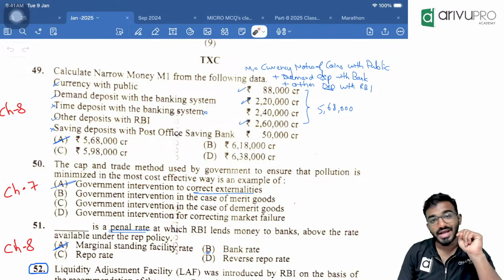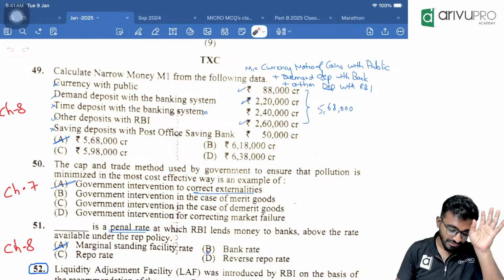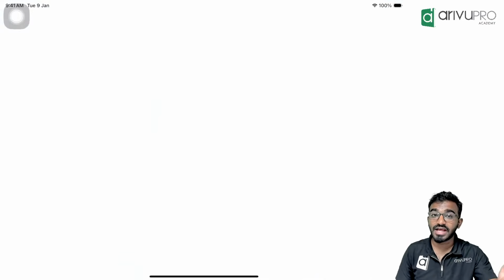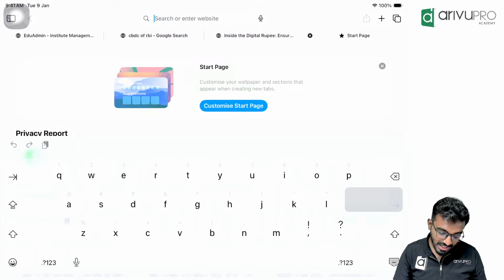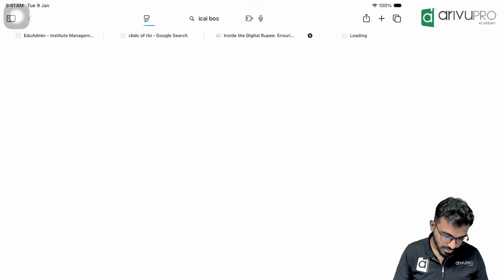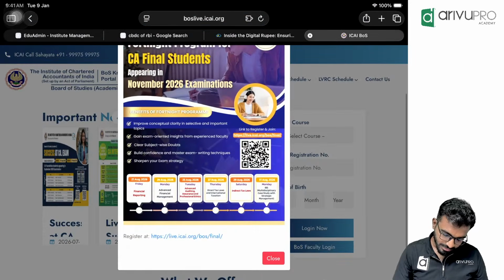Here there is one more catch. In the ICAI material, in the summary, they have also given information about reserve money, NM1, NM2, NM3, NM4, L1, L2. Till date, questions have never come from it, but before going to the exam, make sure that you read that. ICAI BOS Knowledge Portal. Let me show that.